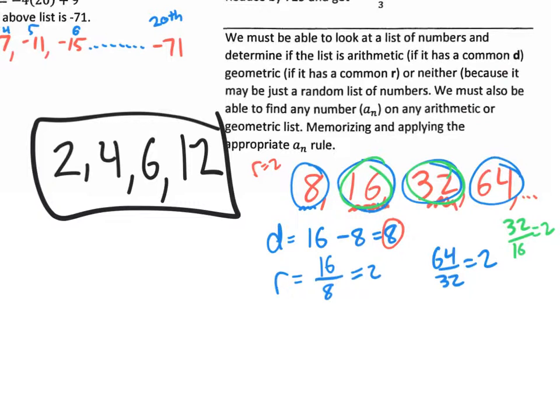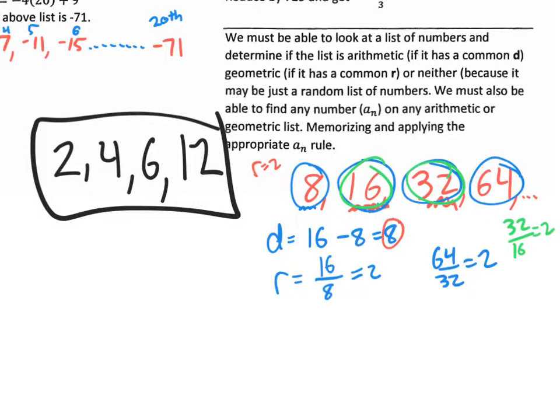So, if I divide 4 by 2, what would that be? If you're saying geometric, you're saying common ratio. What's 4 divided by 2? 2. What's 12 divided by 6? 2. Looks good so far, but what's 6 divided by 4? That's not 2, so it does not have a common ratio. I mean, it has a common ratio here and here, but not right here in the middle. So it cannot be geometric.